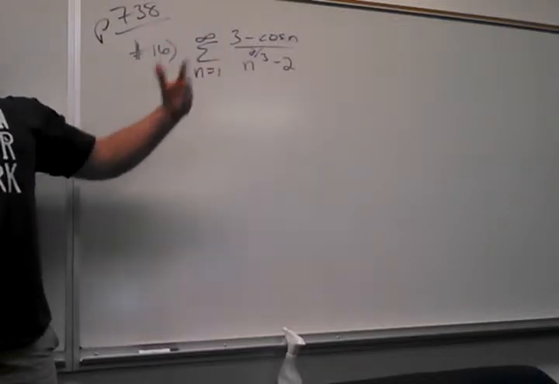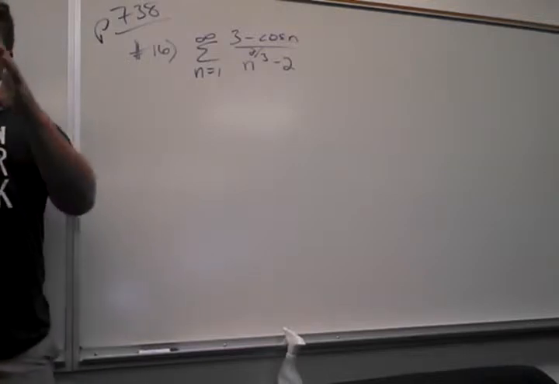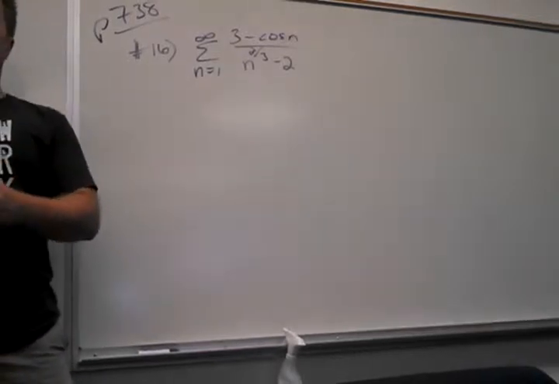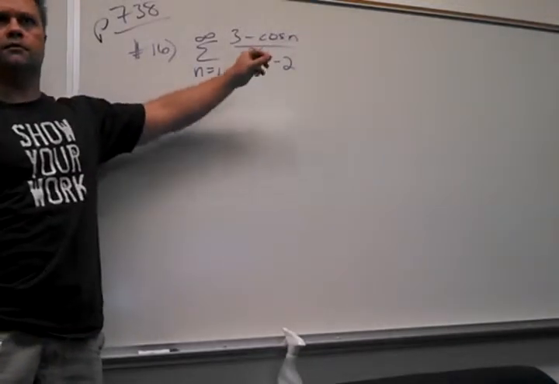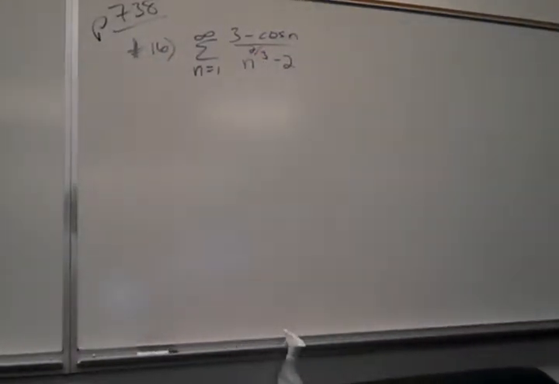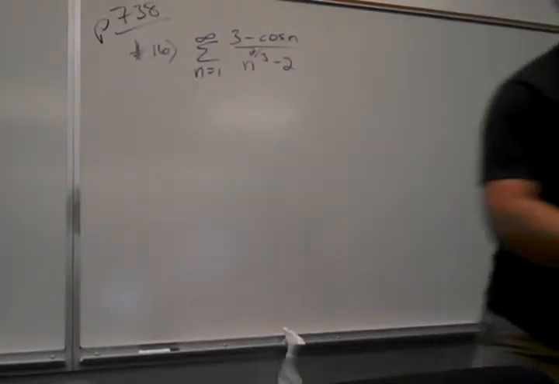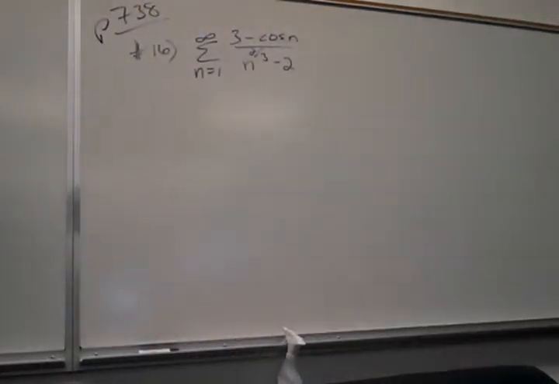What's extra on the bottom? What's the power on the bottom? 2/3. And the top is effectively what kind of thing? So like a constant, roughly, right? It's somewhat alternating in some weird pattern.